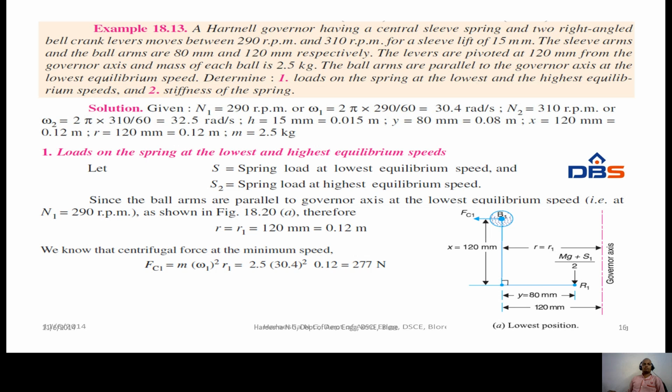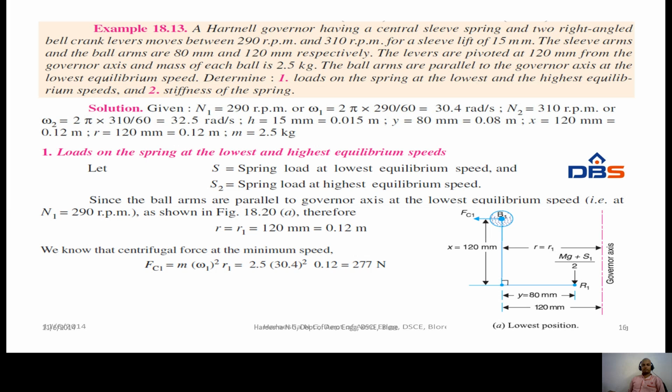Since the ball arms are parallel to the governor axis at the lower equilibrium speed, that is at N1, 290 rpm, as shown in figure A, r is equal to r1 is equal to 0.12 meter.